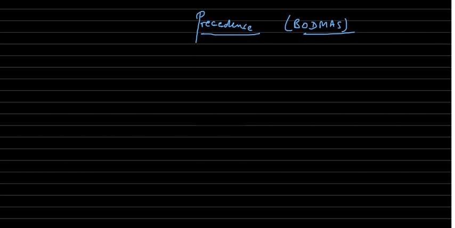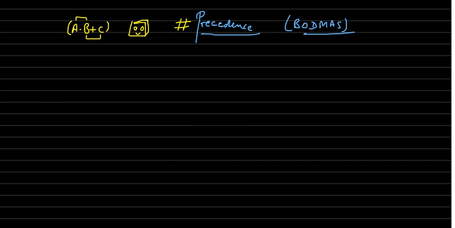Now, if a question like A dot B plus C comes, we have a question of what to solve first, these two or these two. To resolve this issue, we made the precedences, because the same problem comes to the computer, and the computer will get confused about what it has to do.